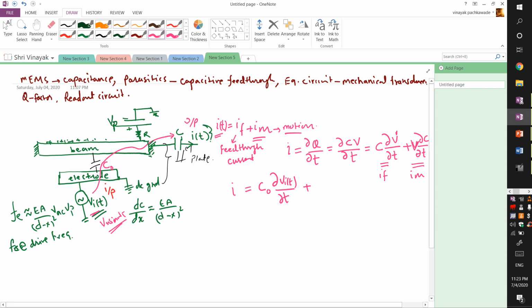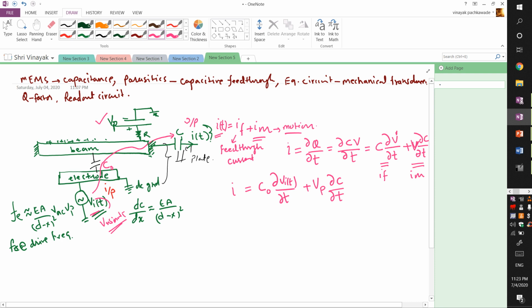So generally Vp is very much greater than Vi, because this is the small signal AC voltage and this voltage is DC voltage. So we can neglect the magnitude of the AC voltage and we'll just write Vp, and that is the change in capacitance with respect to time, dC/dt.